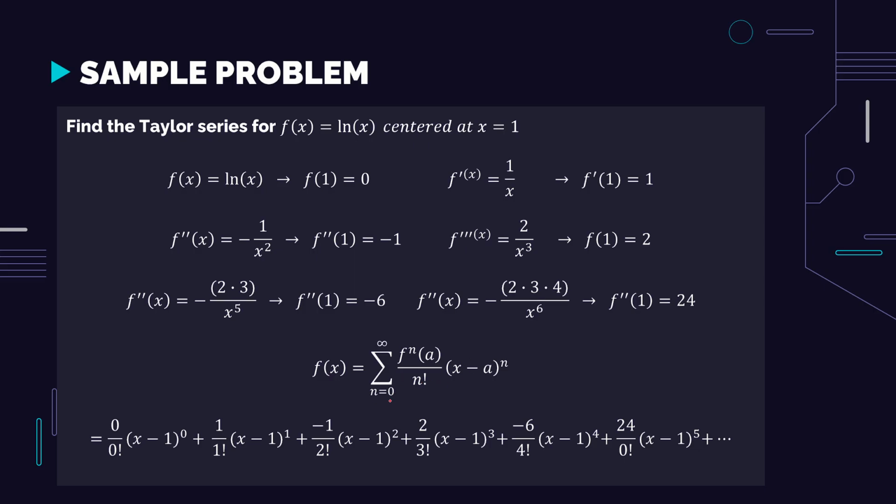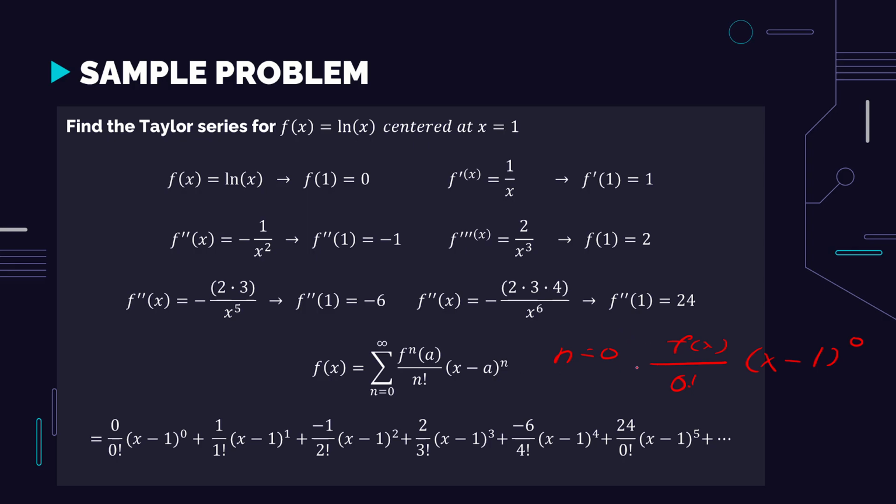If n equals 0, we have f of a over 0 factorial times the quantity x minus a, which is 1, raised to 0.